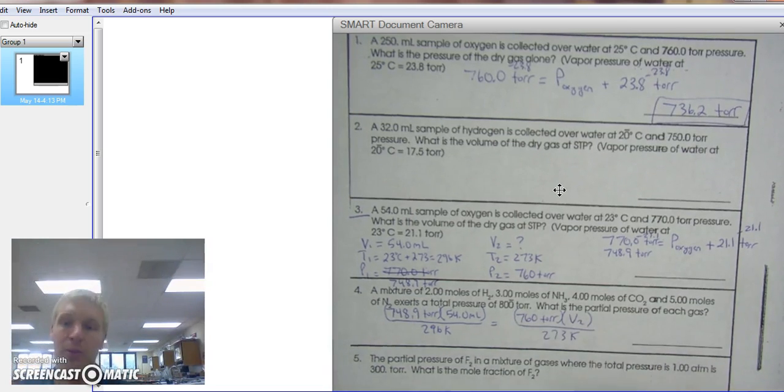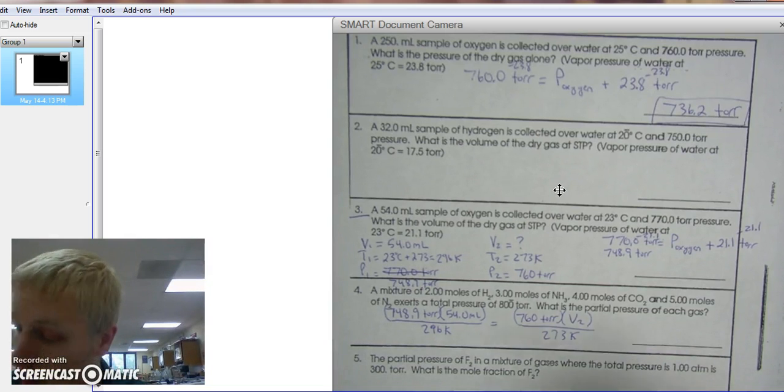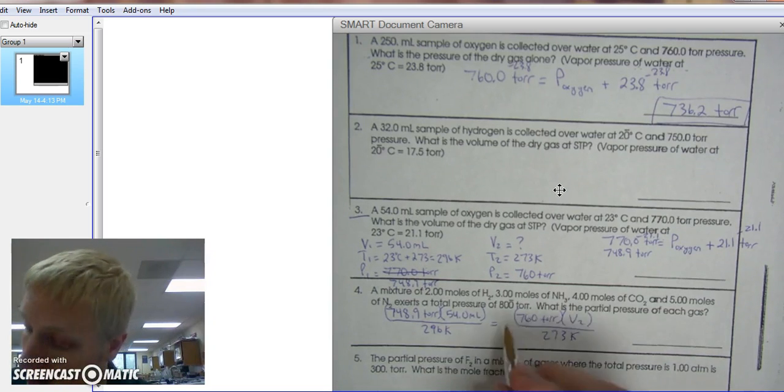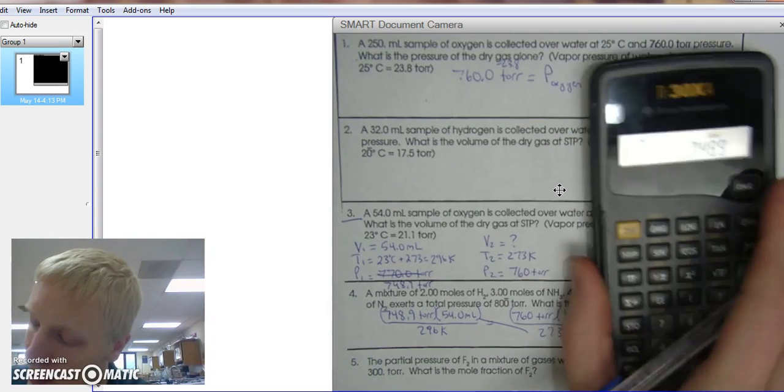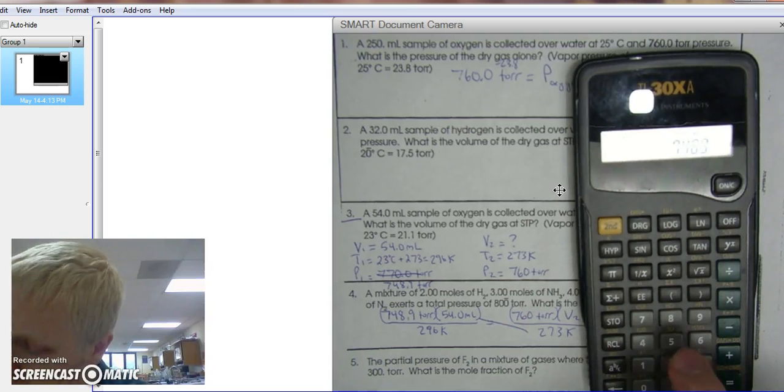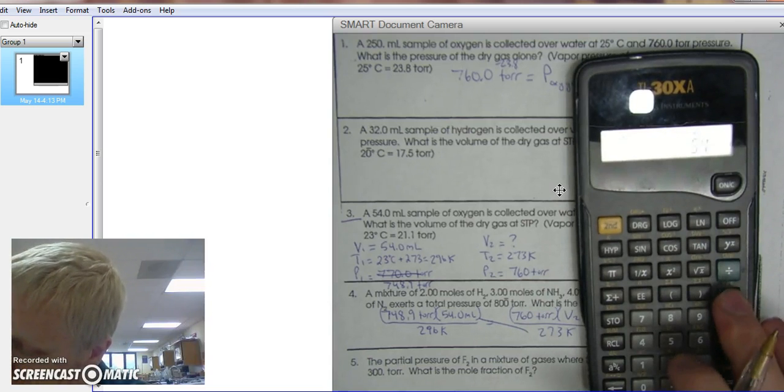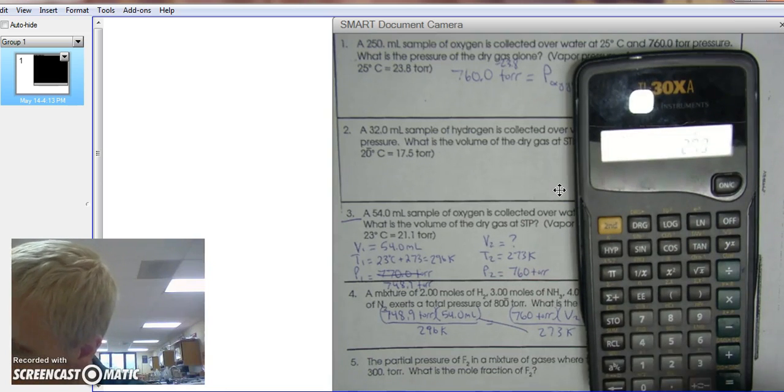Right now there's multiple ways to solve this. I choose the cross multiplication way because that's my personal favorite. So I'm going to take 748.9, times 54, times 273.